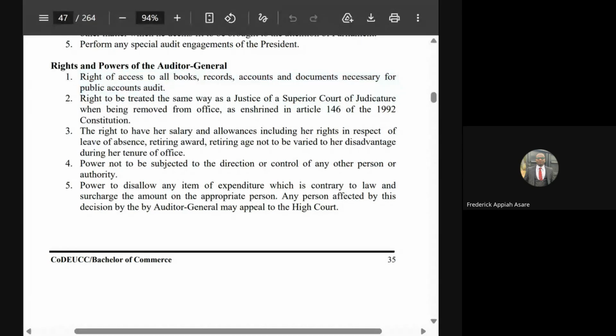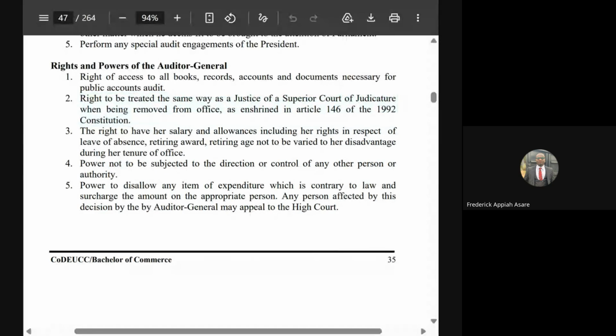They also have the right to be treated the same way as a justice of a superior court when being removed from office, as enshrined in Article 146 of the 1992 Constitution. So they are also entitled to all the benefits a justice of a superior court will get when removed from office.